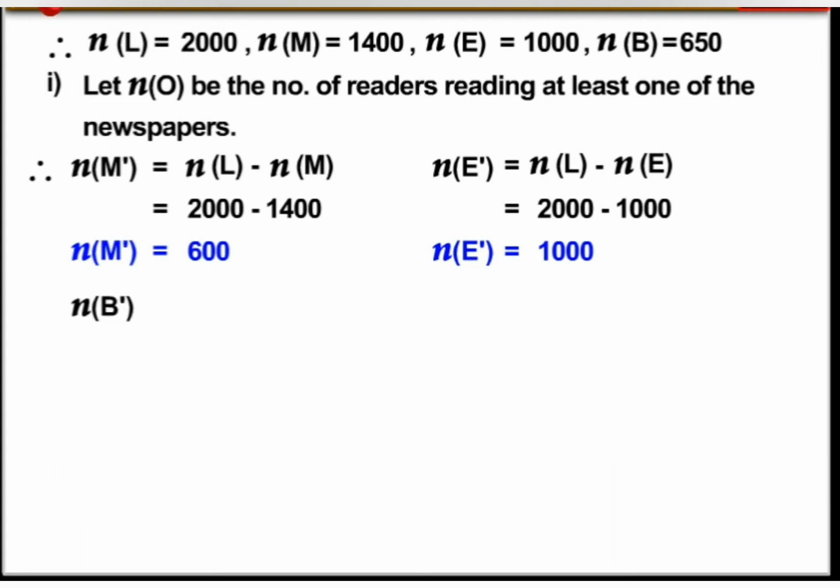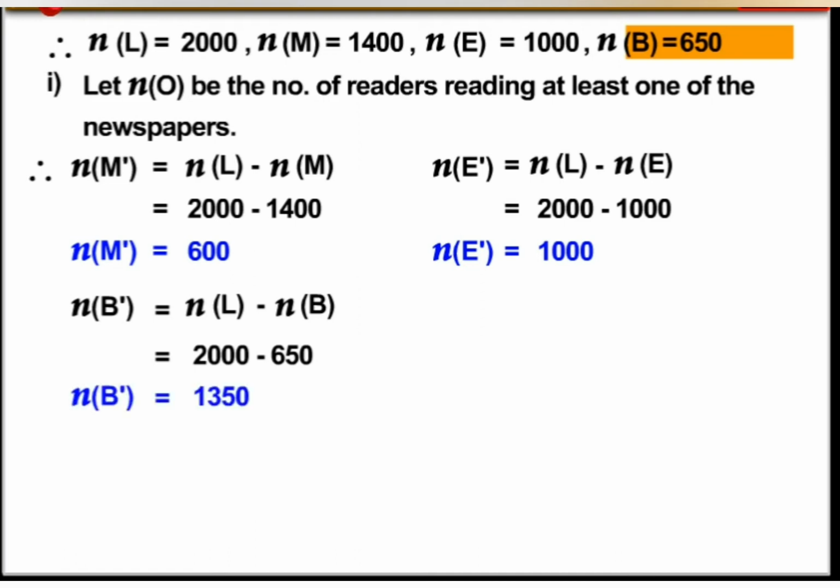n(B'), that is, readers not reading both newspapers, is equal to n(L) minus n(B), that equals 2000 minus 650, that equals 1350.